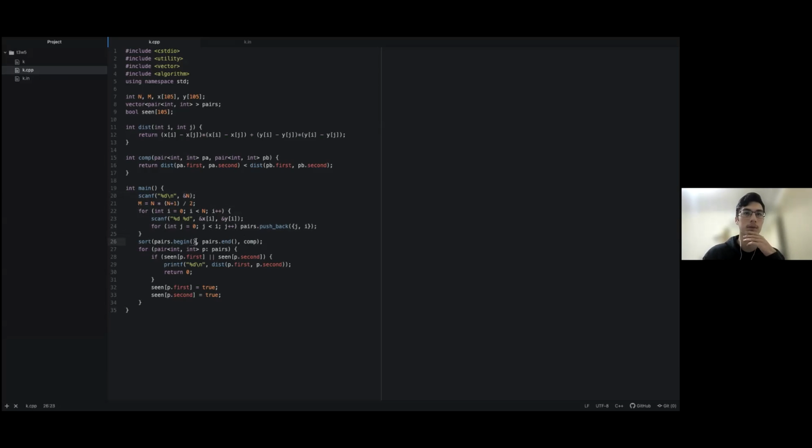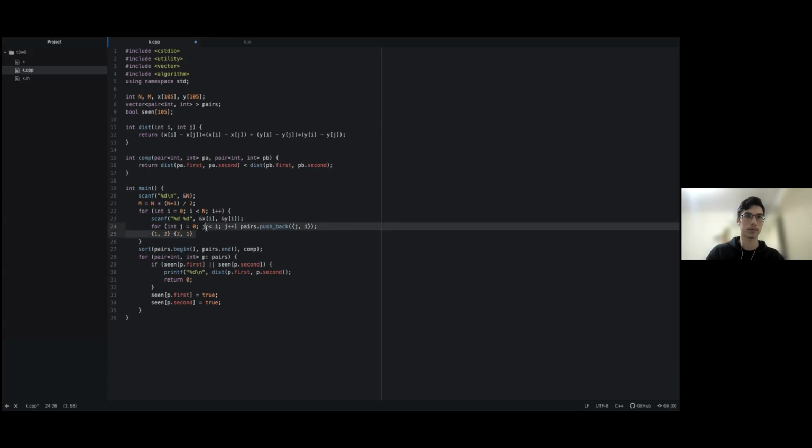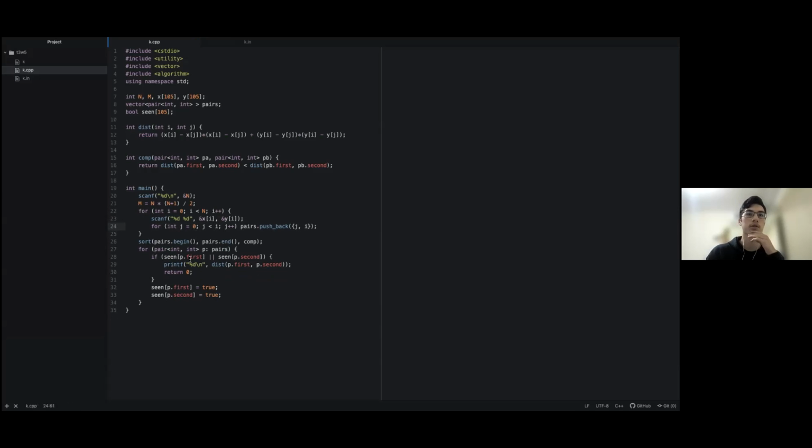So we have a list of pairs, which is just the list of each distinct pair of values, and we don't push, like, 1, 2 and 2, 1. We don't push them both. The way that loop's set up, we don't do that. So we sort them according to a special rule.